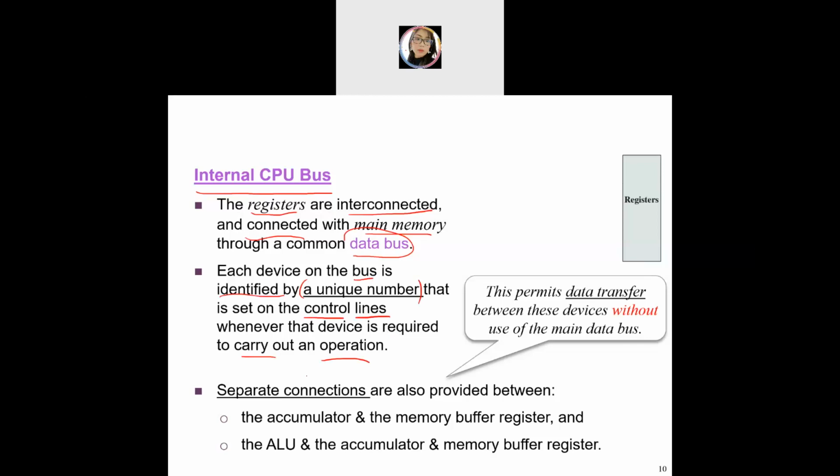There will be a separate connection provided between accumulator and memory buffer register, and another one between ALU and accumulator. This permits data transfer between devices without using the main data bus.